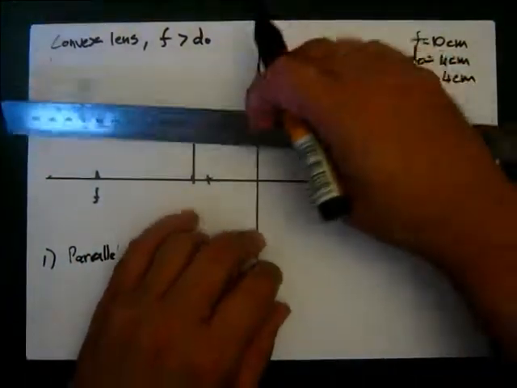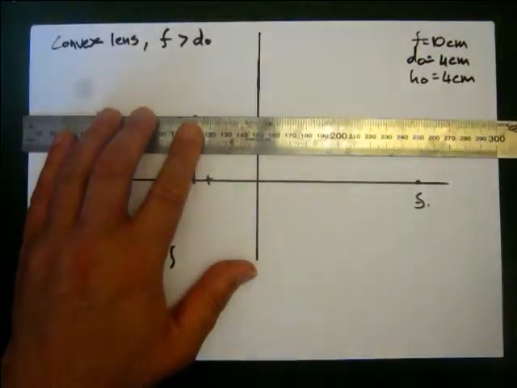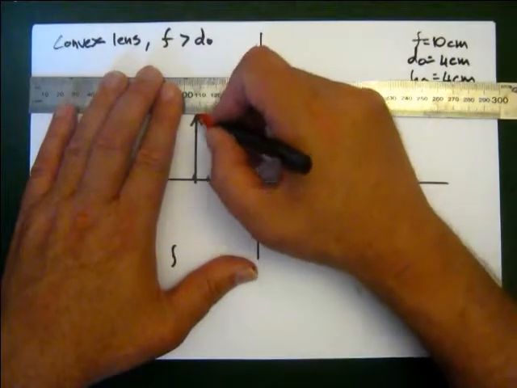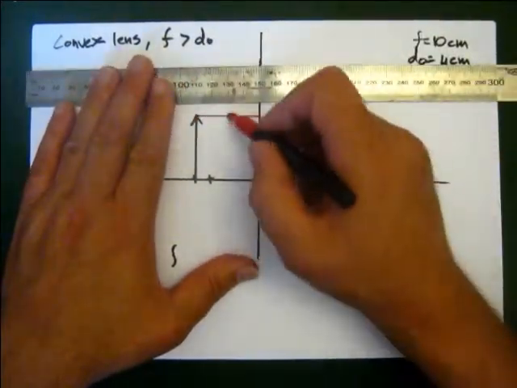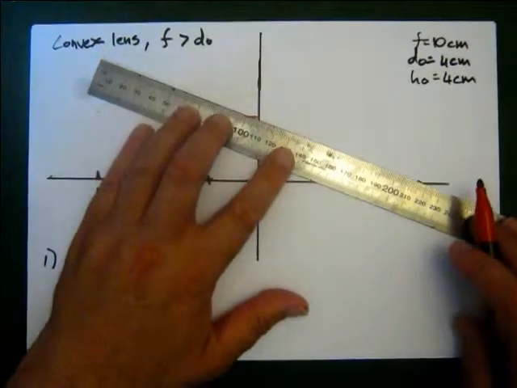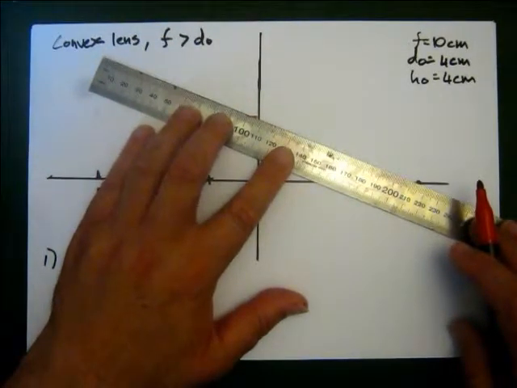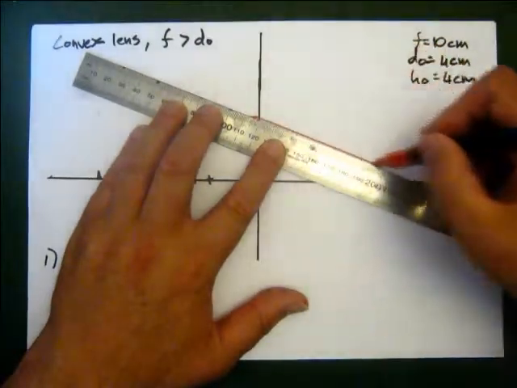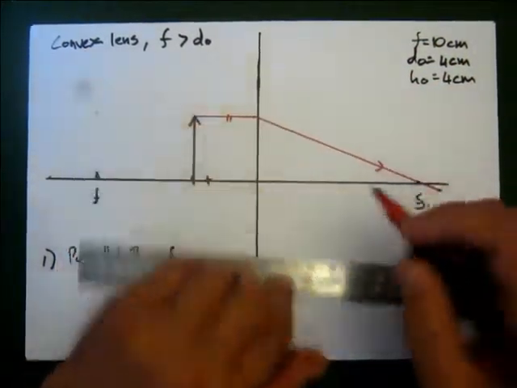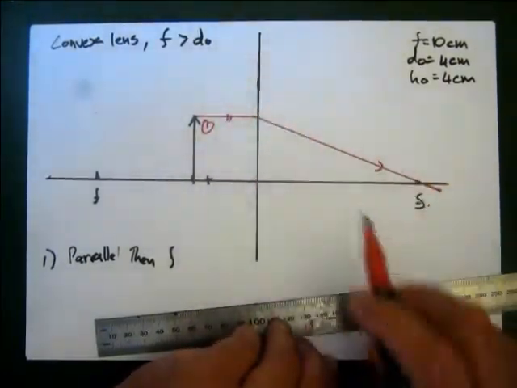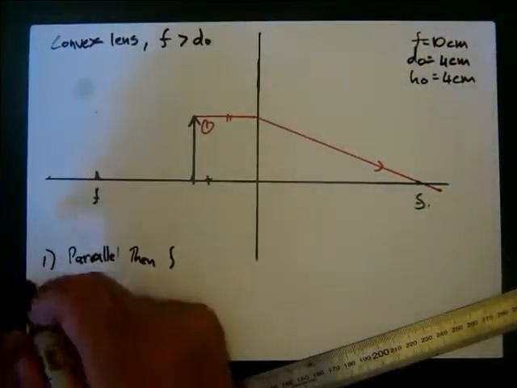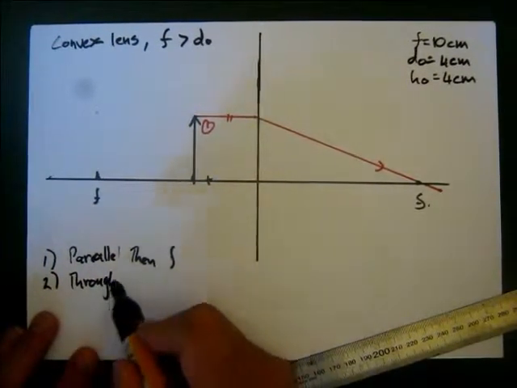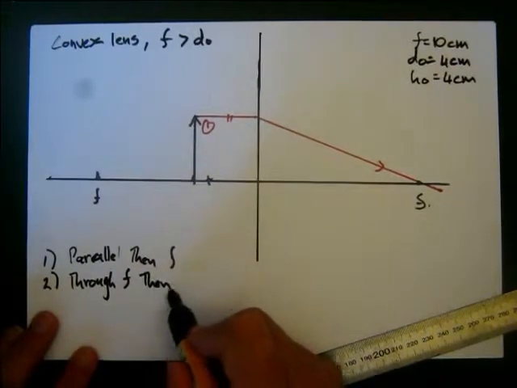So the first line goes parallel, and so it's going to hit here, it's the parallel bit, and then that ray is going to go through F. Cool. So this is going to be ray 1. Ray 2 goes through F, then parallel.